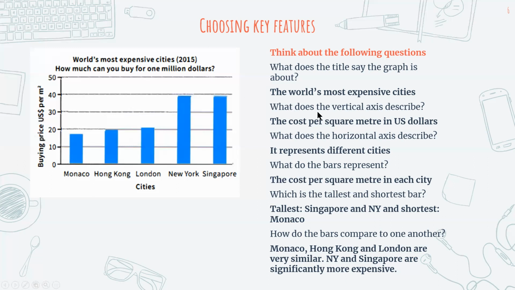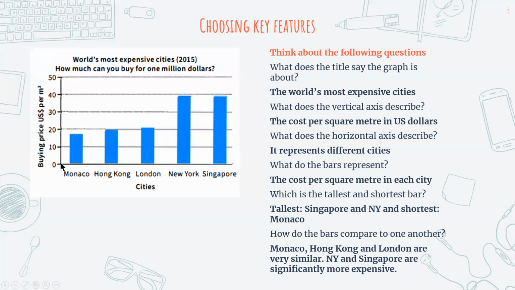Okay, what does the vertical axis describe? So this is the vertical axis. It describes the cost per square meter in US dollars, in American dollars. Buying price, US dollars per square meter.